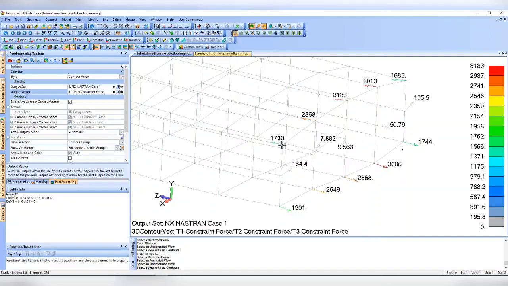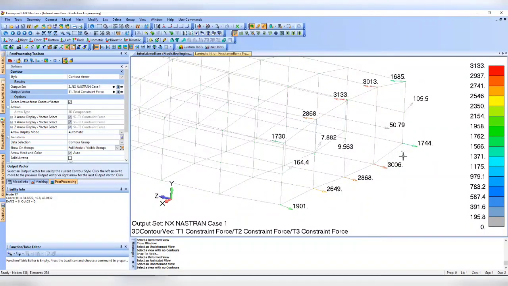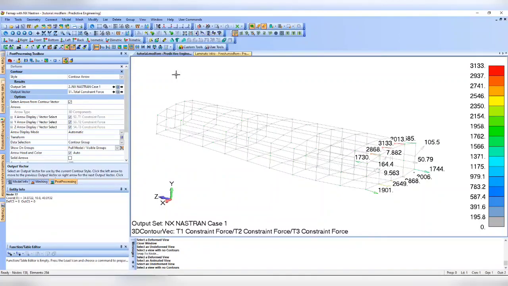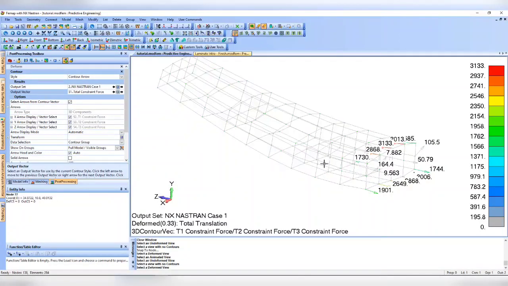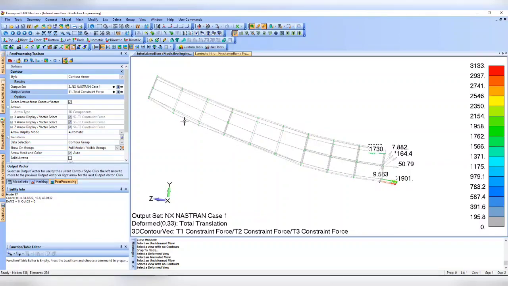The first thing I noticed is that the force vectors up here are going in the positive z direction, and the force vectors down here are going in the negative z direction. What that tells me is that, based off the loading, we essentially have a cantilever beam. This upper skin region is going to be in a state of compression, and this lower skin zone is going to be in a state of tension.